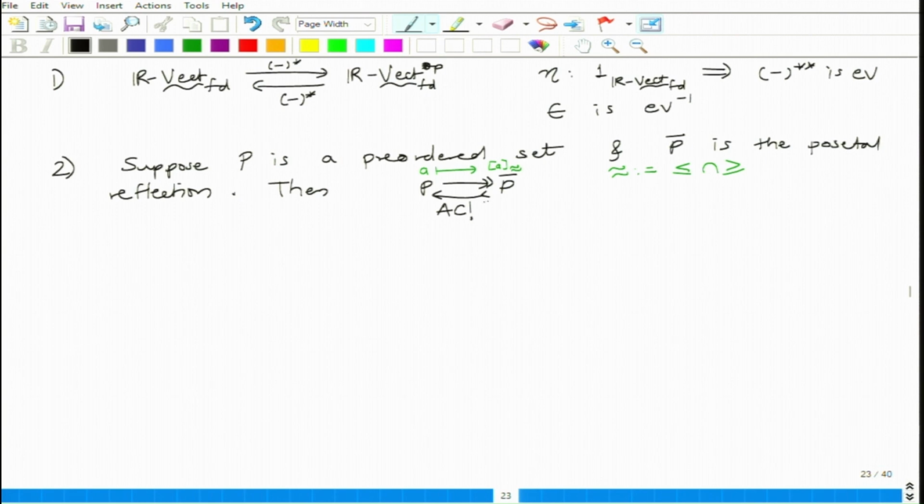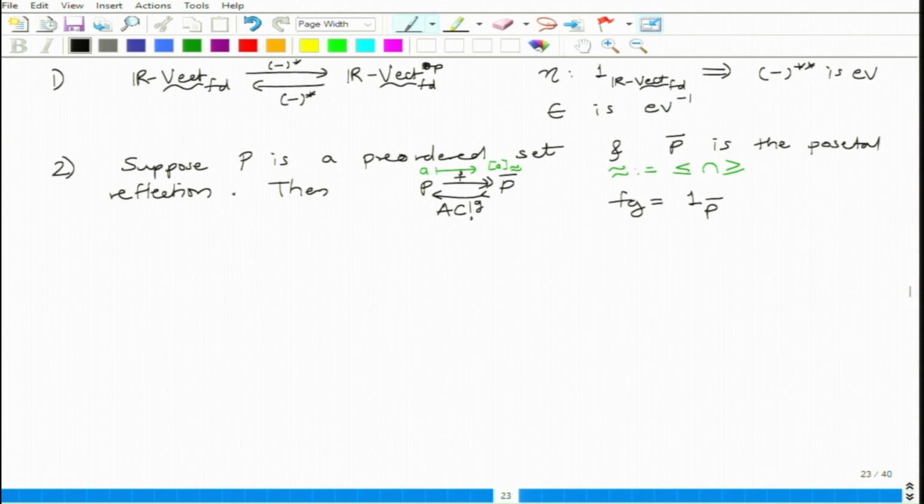Okay. So now what will be eta and epsilon? They will be equalities or isomorphisms. So let me call this particular map F and let me call this one G. Then FG will be equal to the identity on P bar.